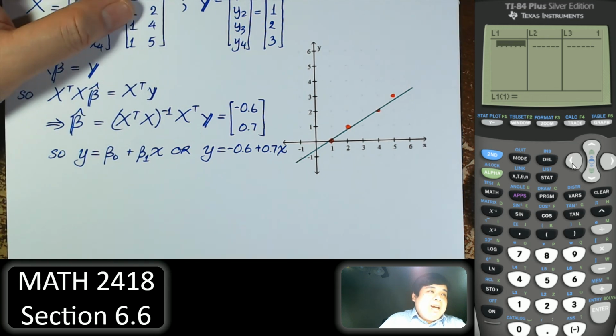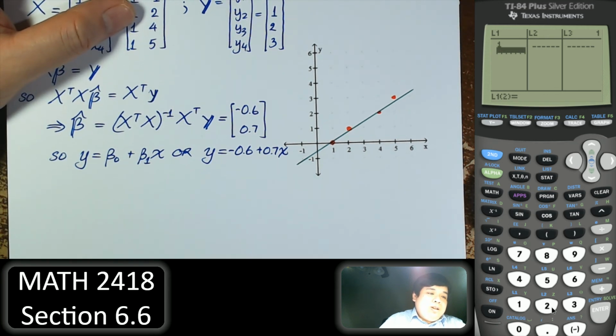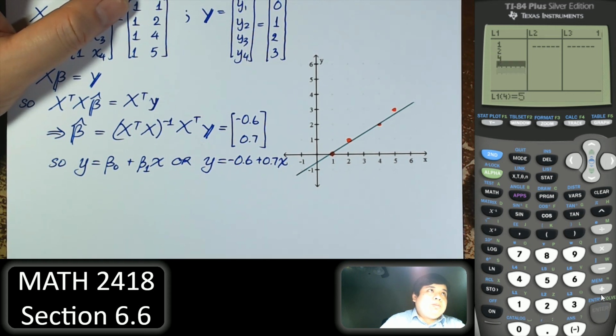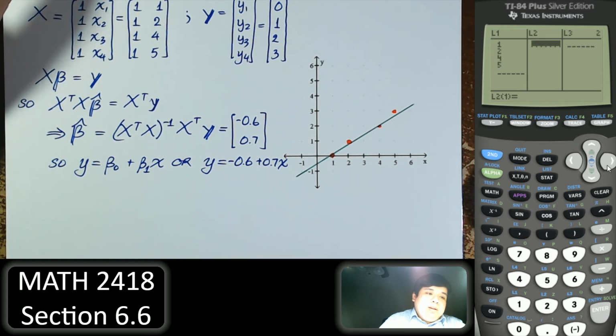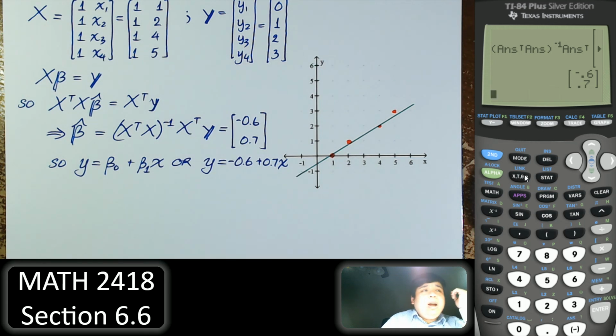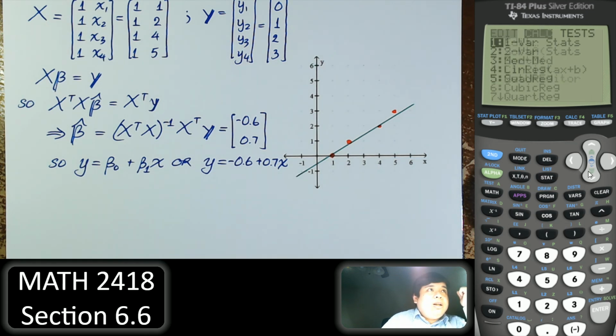Right. And then enter 1, 2, 4, 5, and then 0, 1, 2, 3 into the second list. Right. And then stat and calculate. I will use just this one.